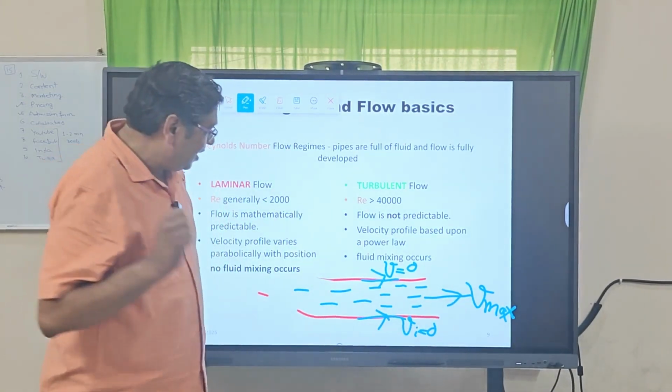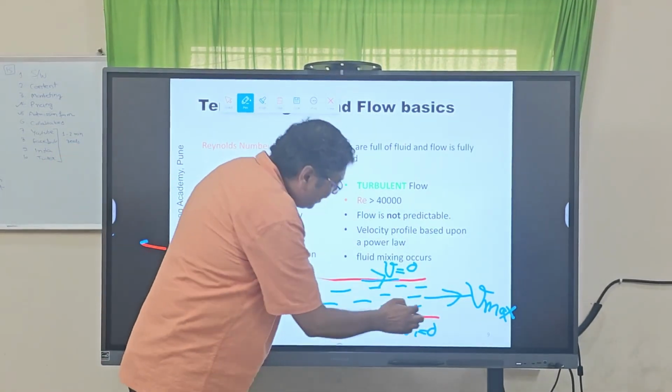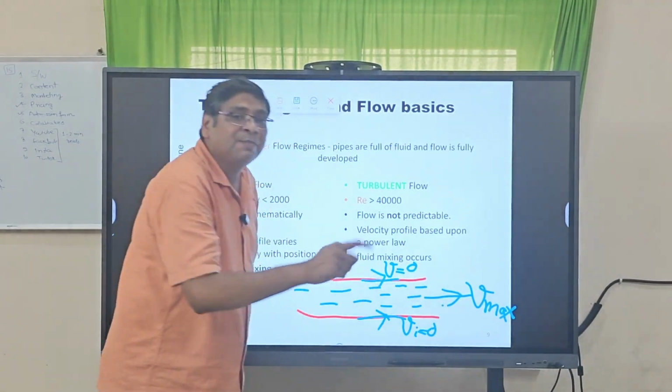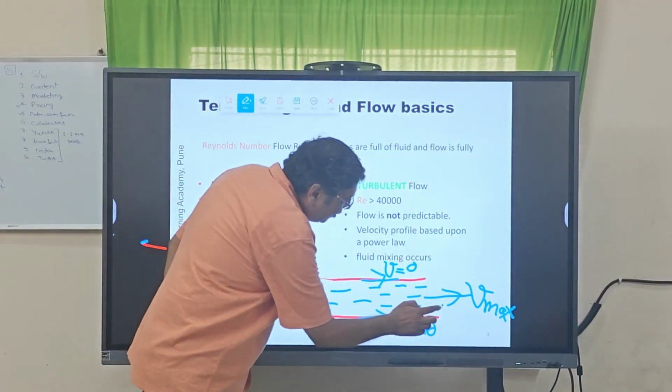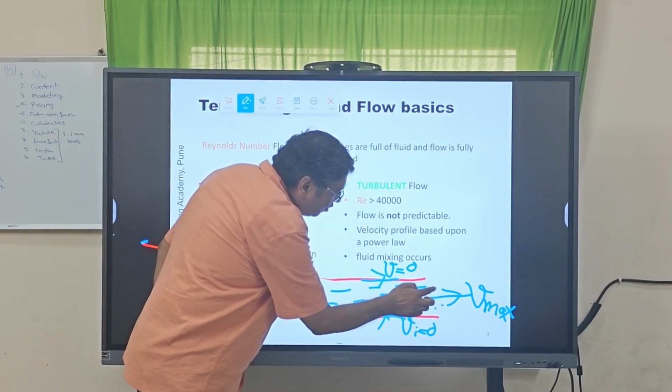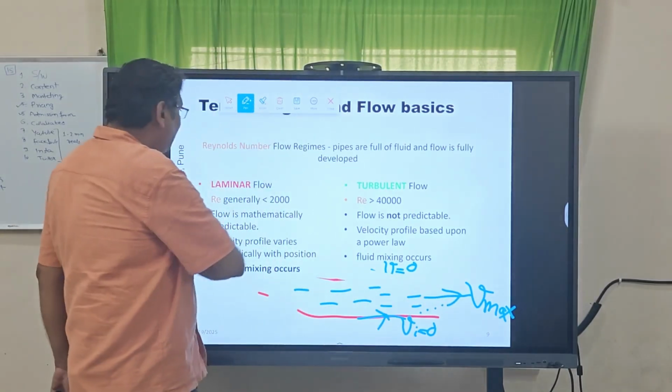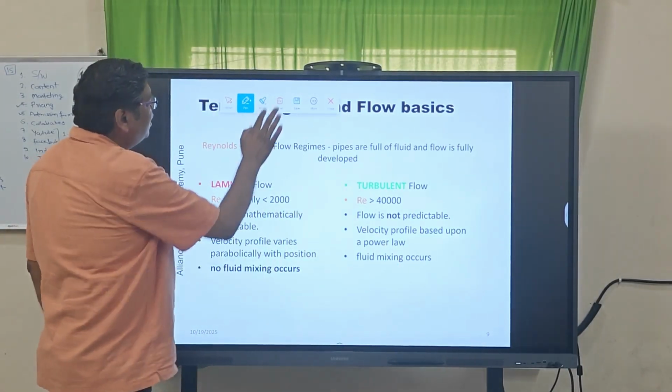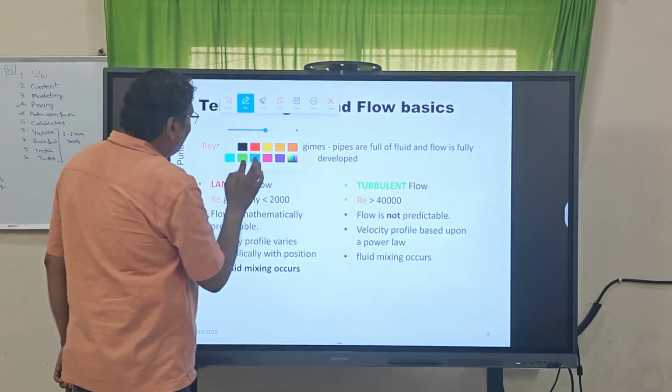So what will happen? Velocity V max is here, then here V max minus delta V, then here V max minus delta V, delta V, delta V. Like here also, like this.